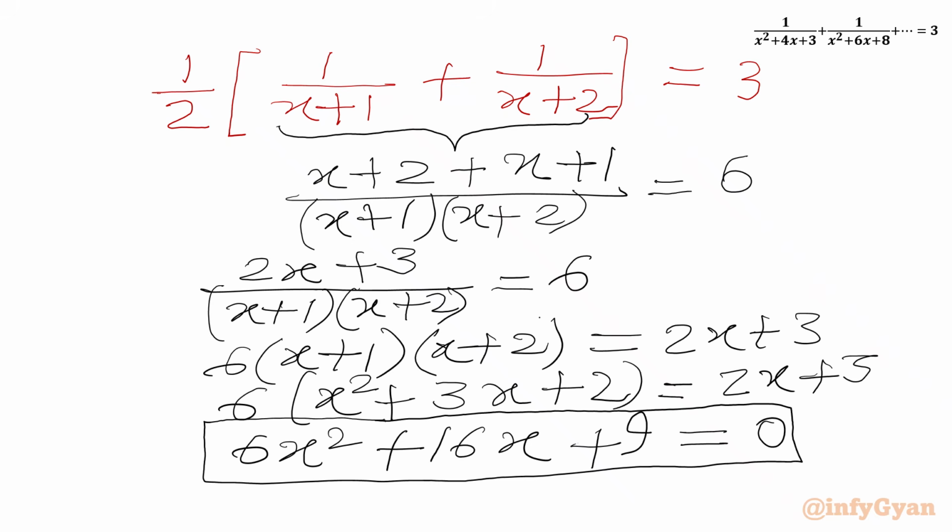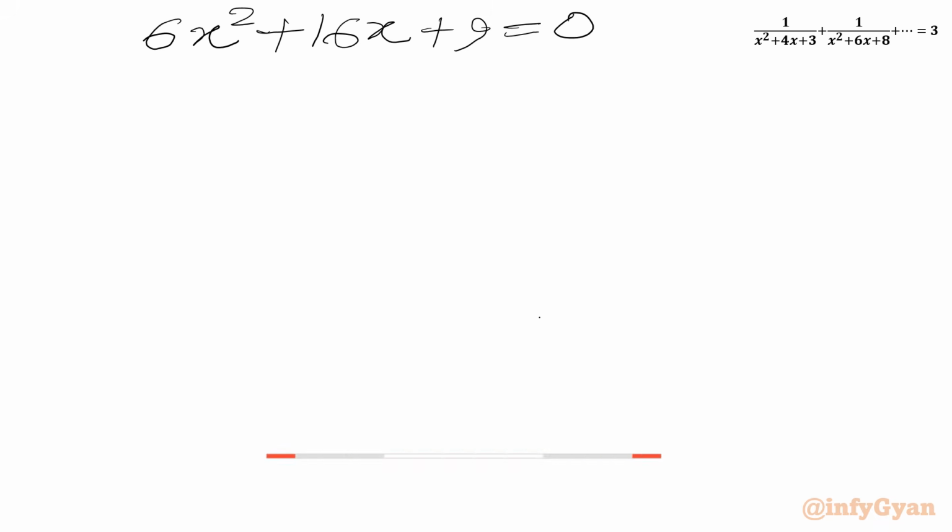From there we are going to get two solutions. That would be the solution of our infinite rational equation. I will write here 6x square plus 16x plus 9 equal to 0. Now we will be using quadratic formula.